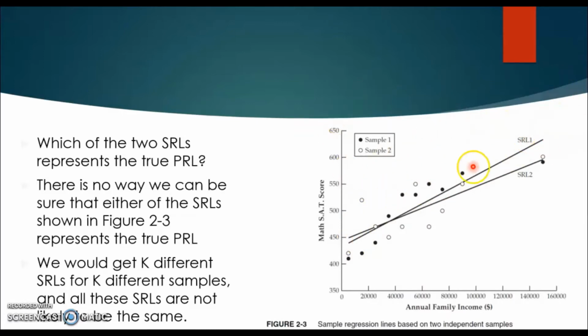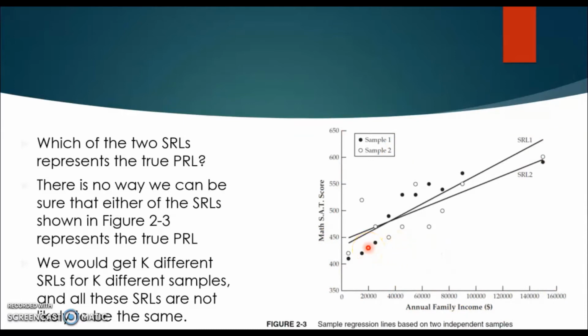In reality, there's no way we can ensure that either of the two sample regression lines shown here represents the true population regression line.